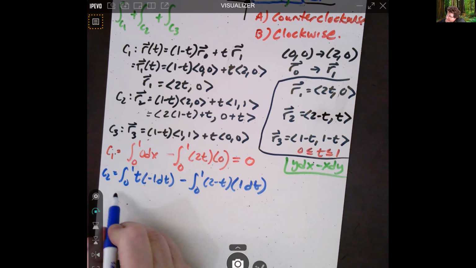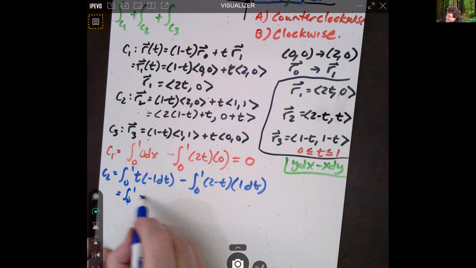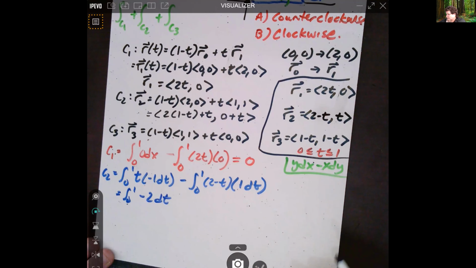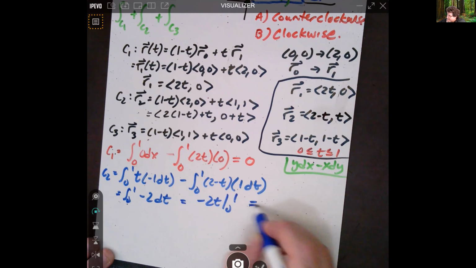I could probably add this together. 0 to 1, I've got -t minus 2 plus t. Is that just -2 dt? -t minus a -t is plus t, so the t's cancel. And I got -2, yeah, that's all that ends up being. So we got -2t from 0 to 1. This is -2.